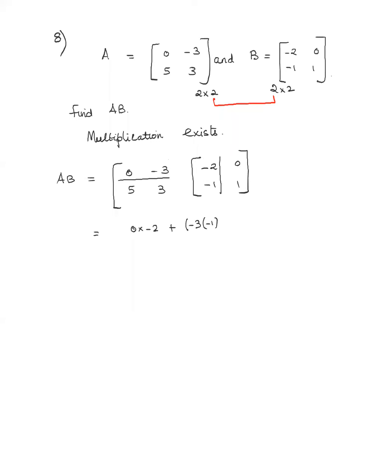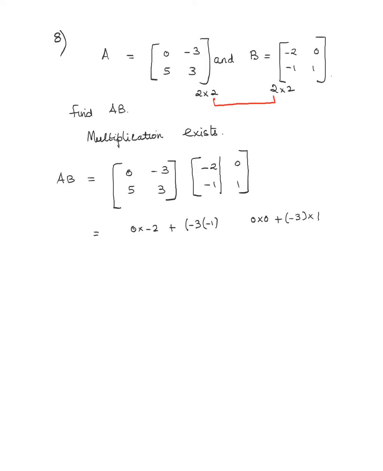And then you take the first row and multiply with the second column, which is 0 times 0, and you add them, -3 times 1.